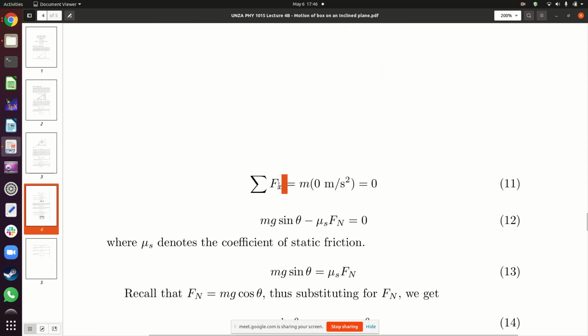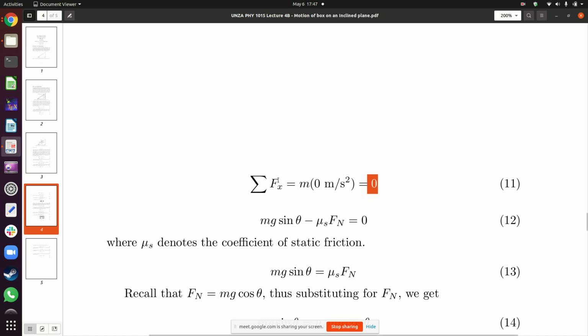So in that case, the resultant force is equal to the mass multiplied by the acceleration, and this mass times acceleration part will give you a 0 because the acceleration is 0. The reason why the acceleration is 0 is because the box has said it won't move.